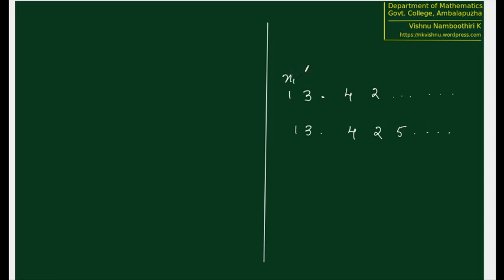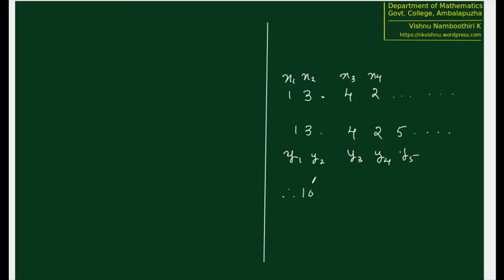So this is x1, this is x2, this is x3, this is x4, and similarly this is y1, y2, y3, y4, and suppose this is y5, and the change is occurring at y5.